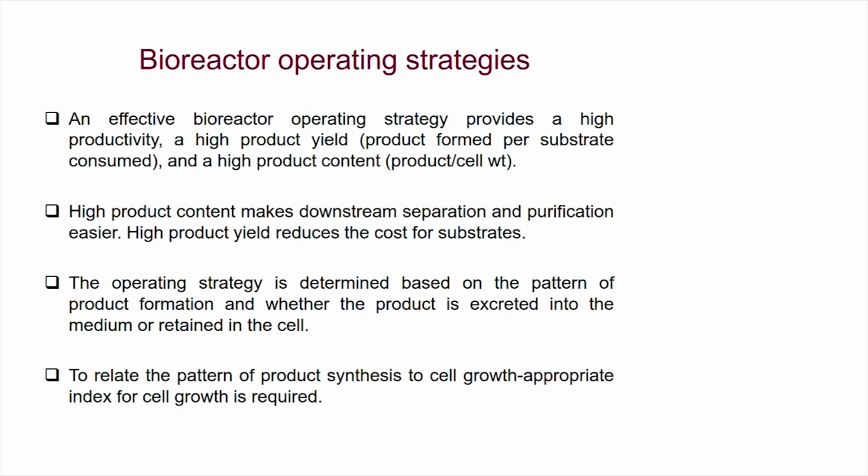Then if I want to improve the productivity, which is a sum of the biomass and the product, what should I do? It is better to run in one reactor itself and have a two-stage cultivation. We will increase the biomass, then we will change the substrate.